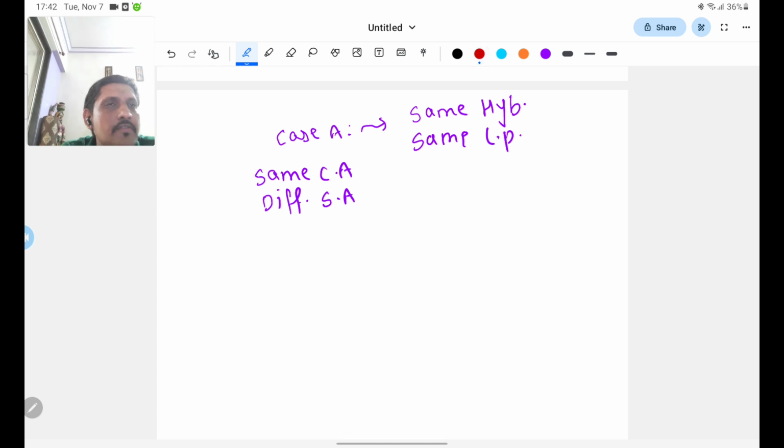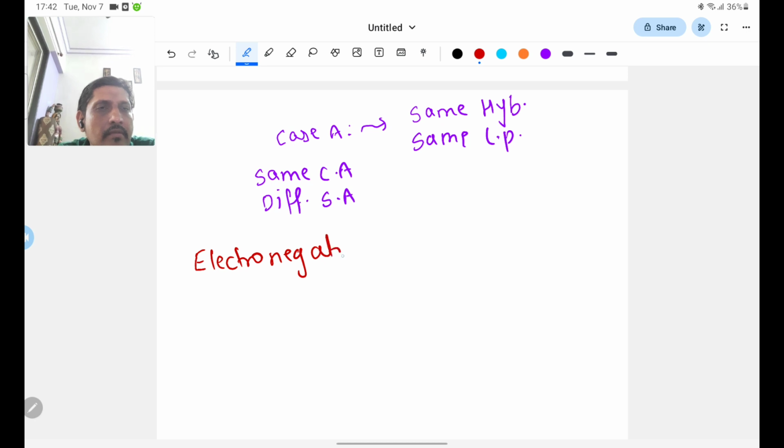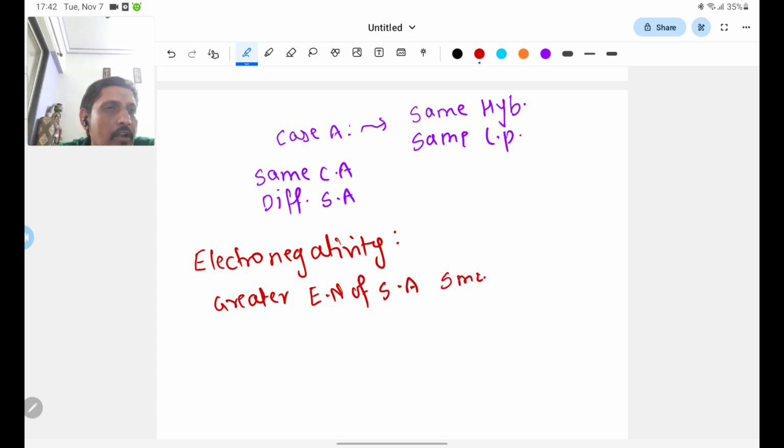Students, in this case where we have the same hybridization and the same lone pair, we have to use electronegativity. The rule says: greater the electronegativity of the side atom, smaller will be the bond angle.